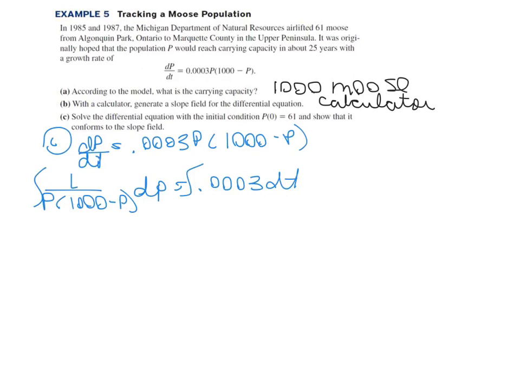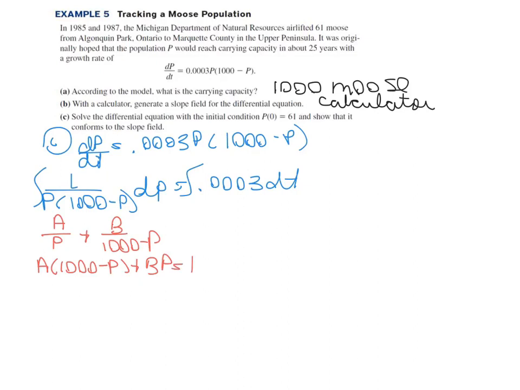So I've got A over p plus B over 1,000 minus p, therefore I've got A times 1,000 minus p plus Bp is equal to 1.